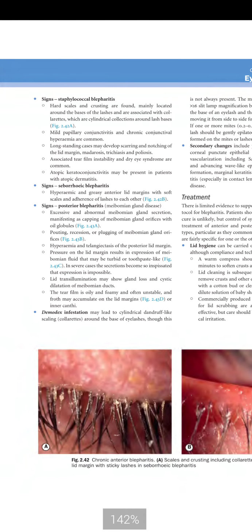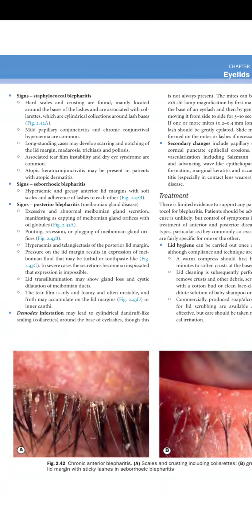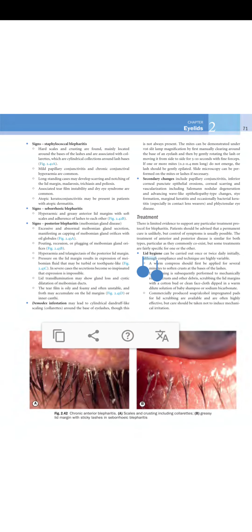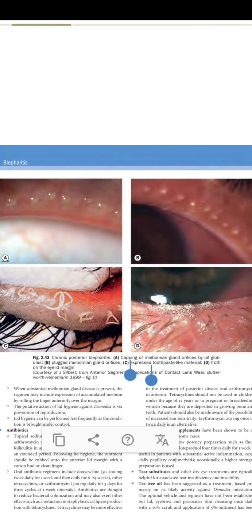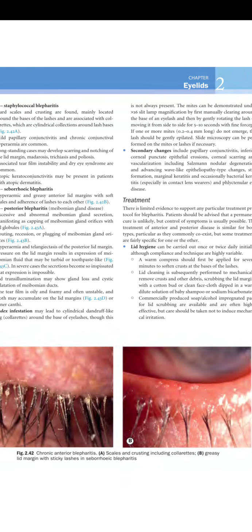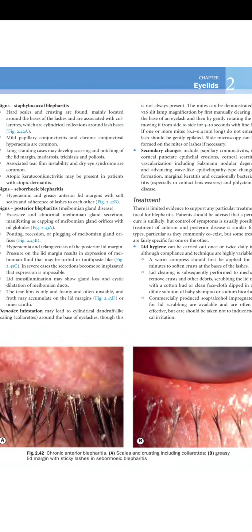You can see figure 2.42 showing chronic anterior blepharitis. A is showing the scales and crusting including collarettes, and B is showing the greasy lid margin with sticky lashes in seborrheic blepharitis. So these are sticky lashes.